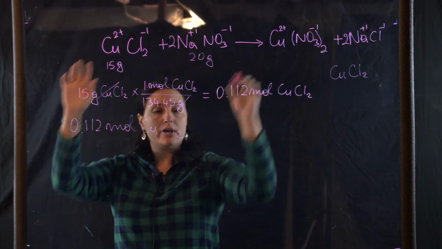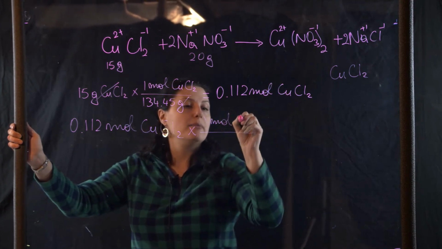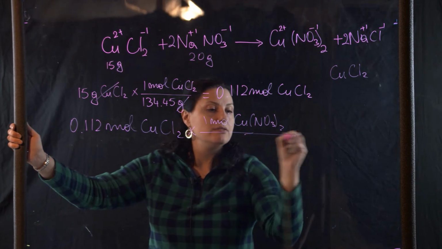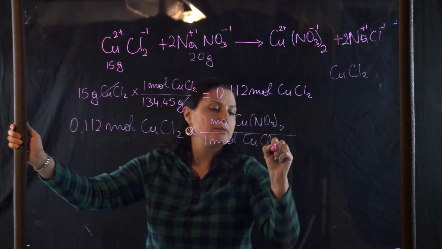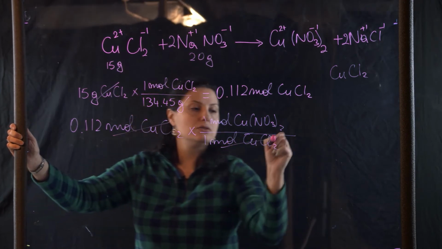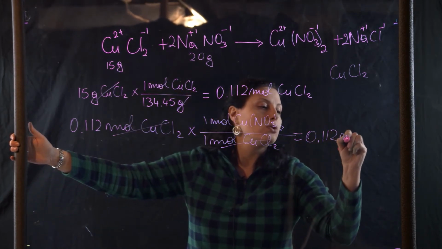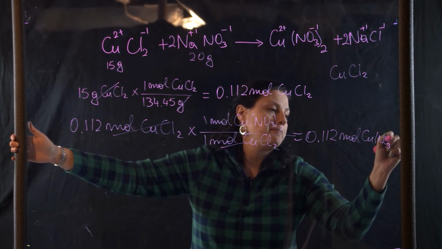It's a 1-to-1 ratio. 1 mole of copper(II) nitrate for every 1 mole of copper(II) chloride. This is canceled, so it would make 0.112 moles of copper(II) nitrate.